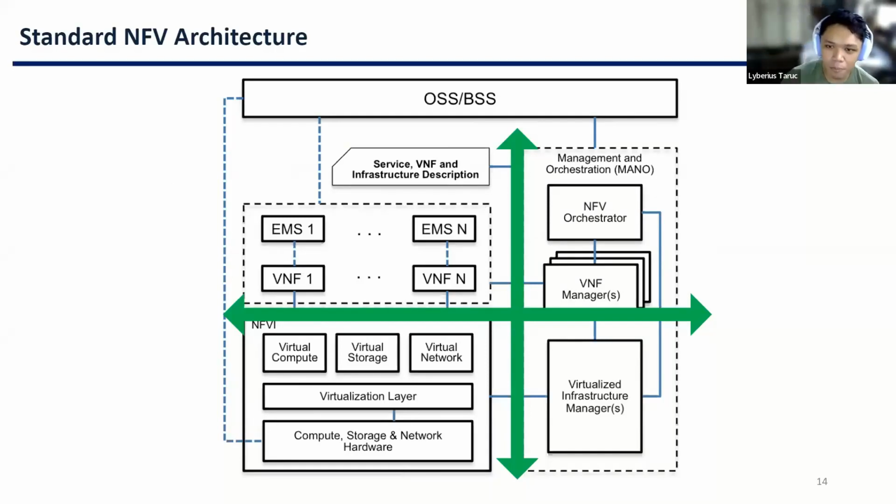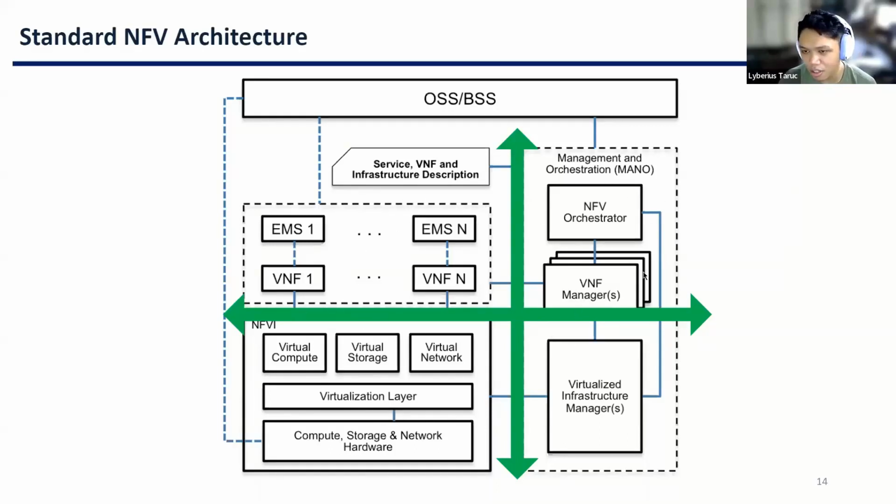Now, why did I split it this way? Think of the components beneath as the platform. On top is your services. So below is the platform, on top is the services. The ones on the left are your resources.